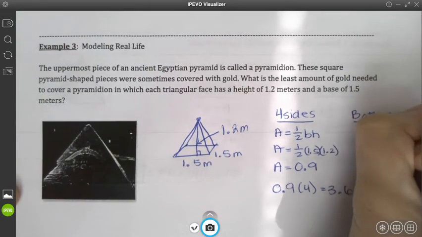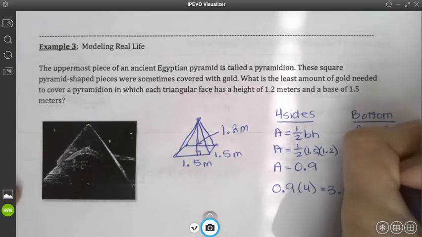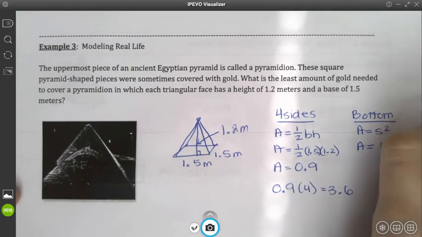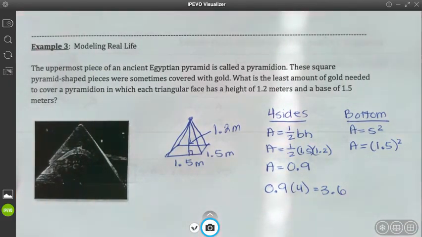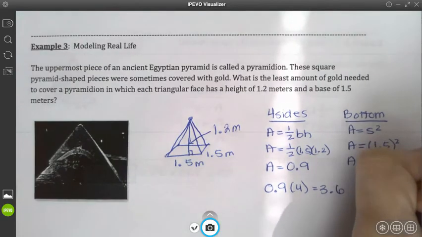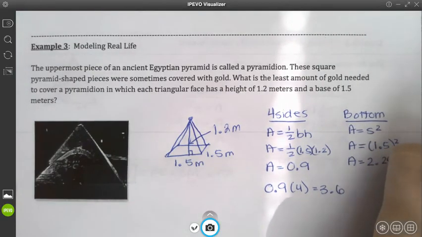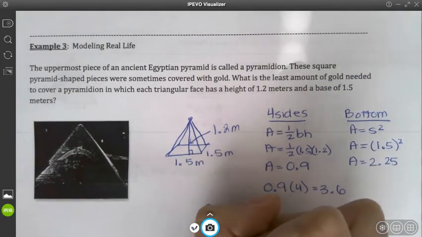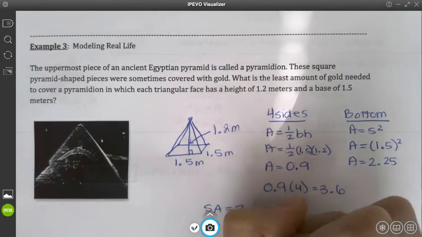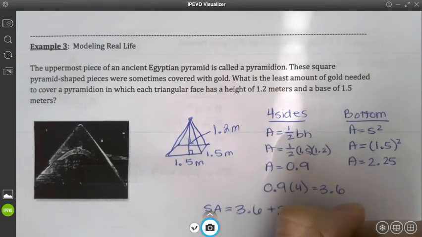And then the bottom is a square. So I use s squared. So we are going to square 1.5, which gives me 2 25/100. So for my final step, my surface area, I'm going to add these 2 measurements together.